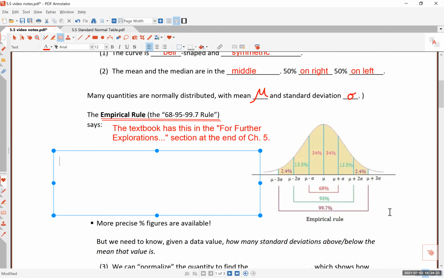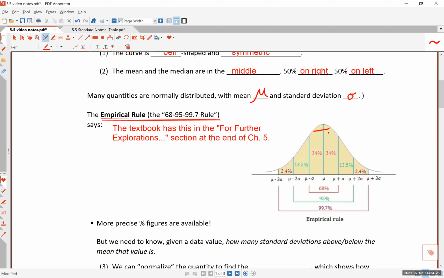Let me go ahead and highlight this part here, between 1 standard deviation below the mean and 1 standard deviation above the mean. Because of the mathematics involved in the definition of this curve, we know that there are 34% here and 34% here. That means a total of 68% of the data values are within 1 standard deviation of the mean.